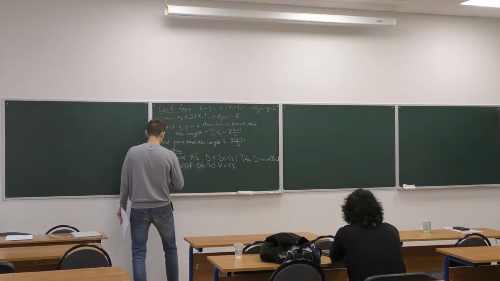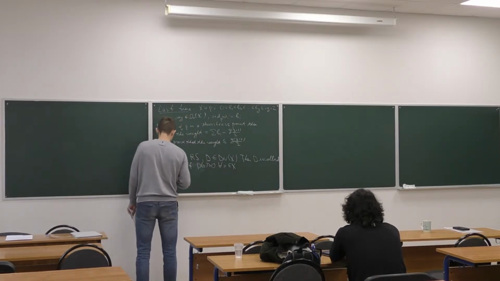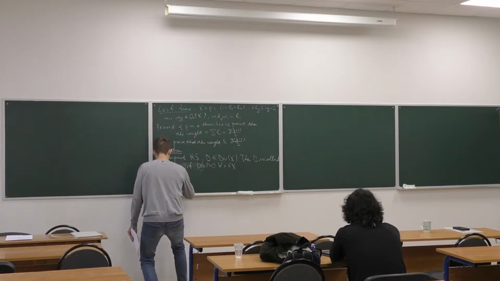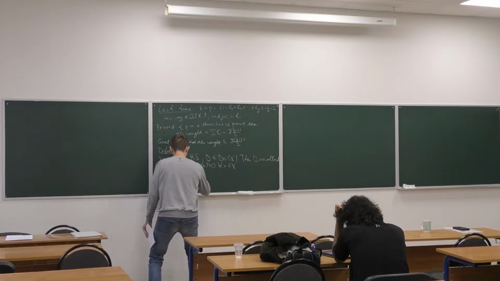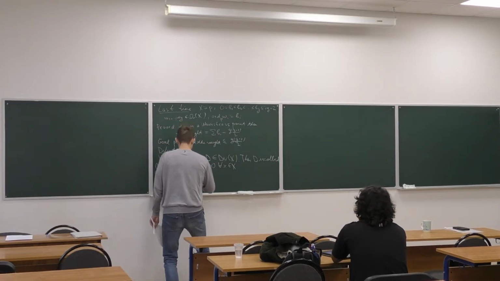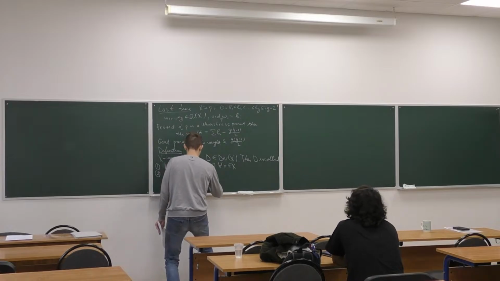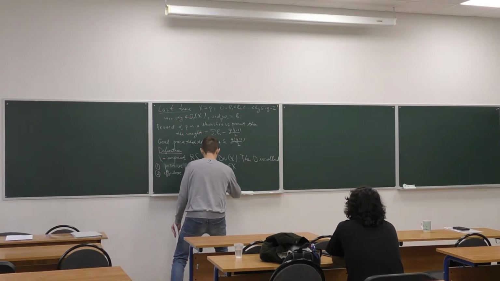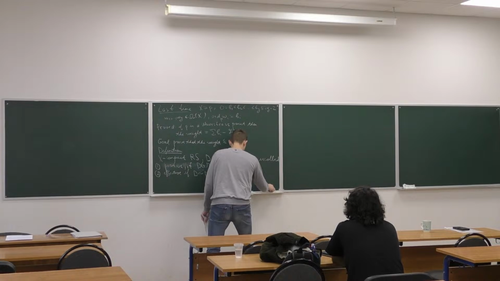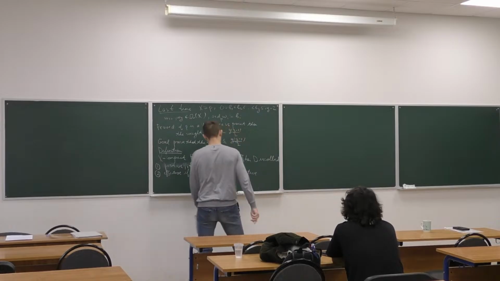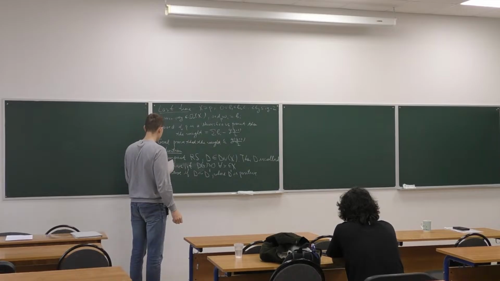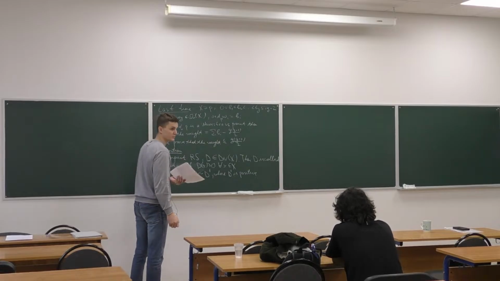So, an obvious definition. Second is called effective if D is equivalent to D prime, where D prime is positive. So an effective divisor is a divisor that is equivalent to a positive divisor.